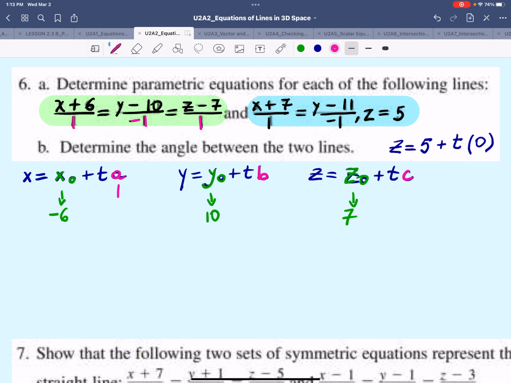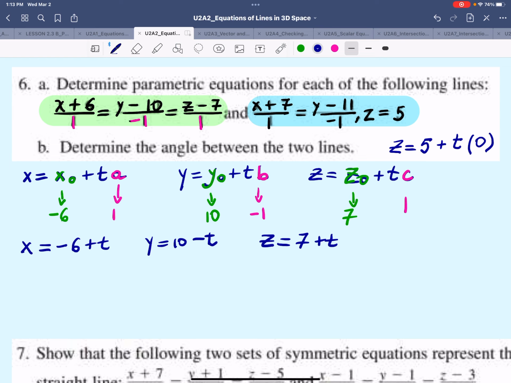A, b, and c will be the exact same denominators that we see in the symmetric equation: 1, -1, and +1. So this will allow us to write the equation. x equals -6 plus t, y equals 10 minus t, and z equals 7 plus t.